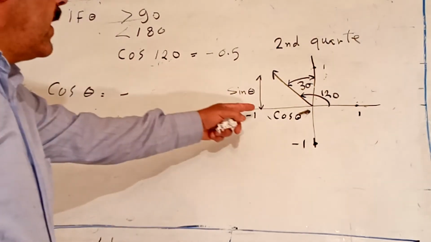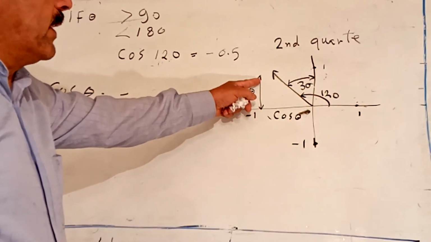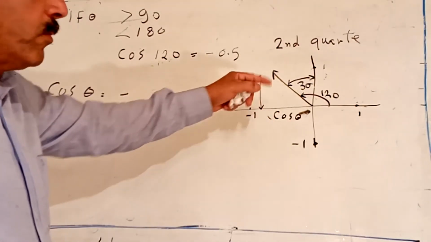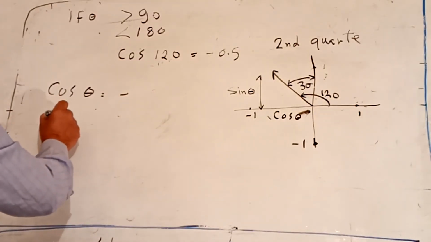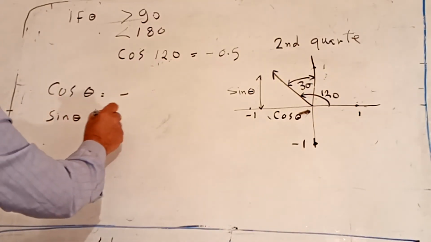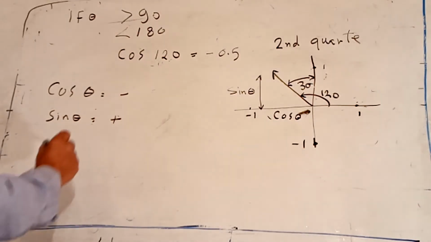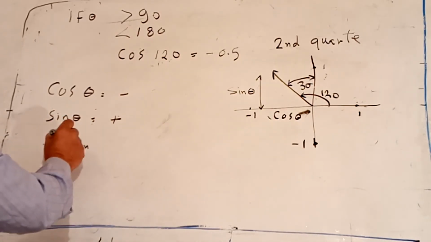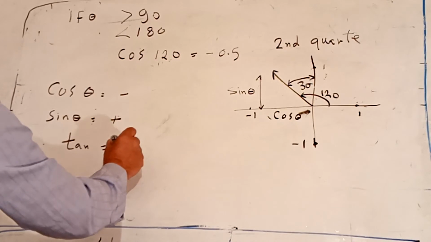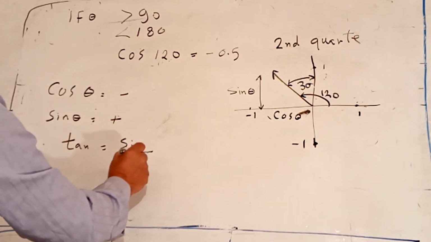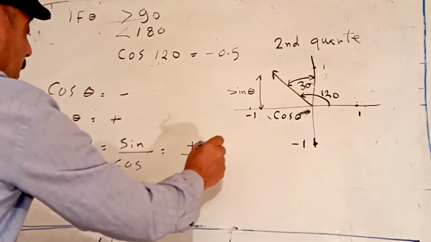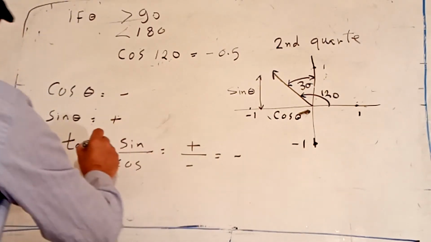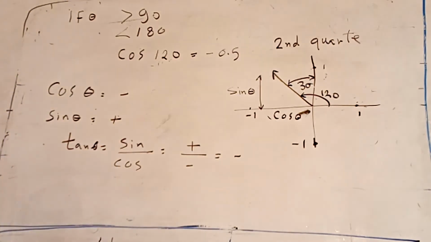Now let's go to the sine theta. Sine theta, you will see clearly here, is positive in the second quarter. And tangent theta, tan equals sine over cosine, which is positive divided by negative, equal to negative. So tan theta is negative.